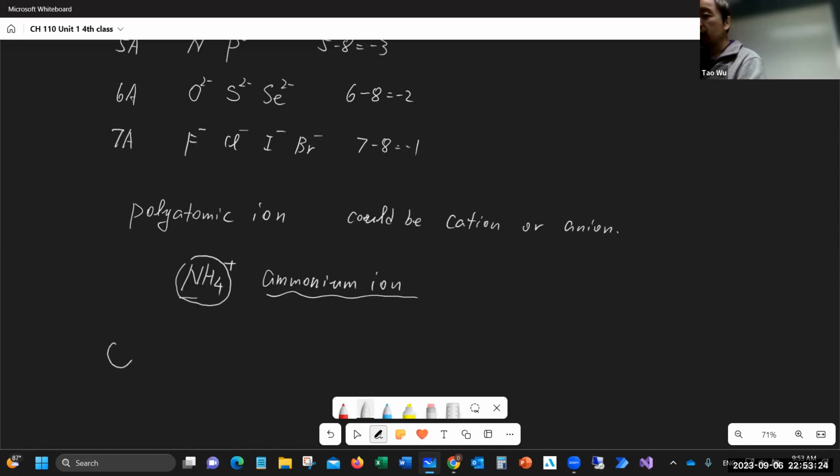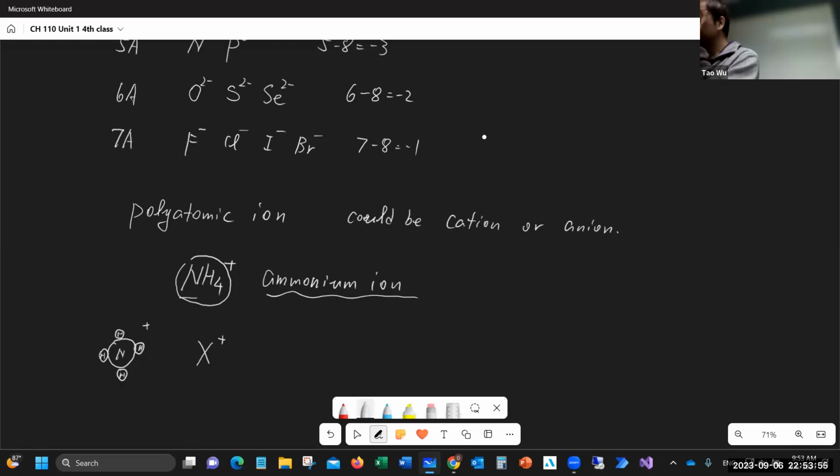Generally the structure is a nitrogen in the middle with hydrogens on the side, and the charge belongs to the whole particle. So in general, you should look at a polyatomic ion as one particle with one positive charge.